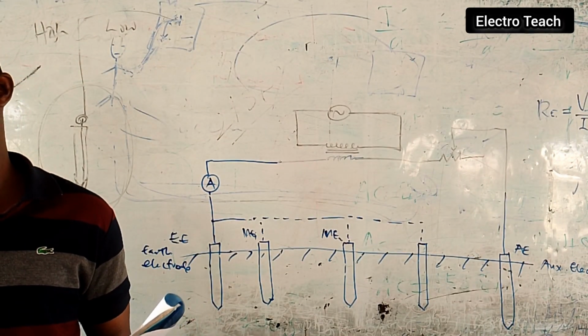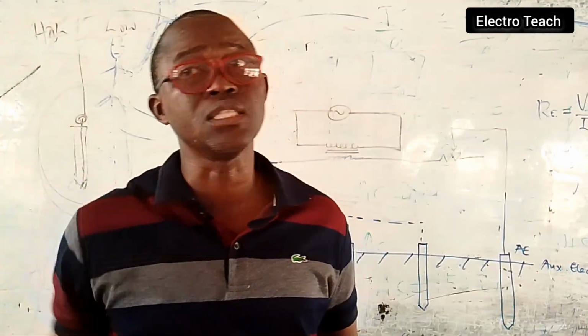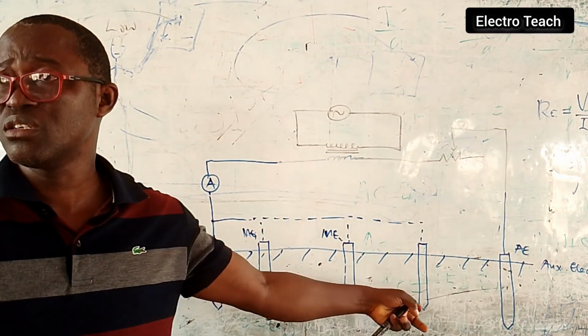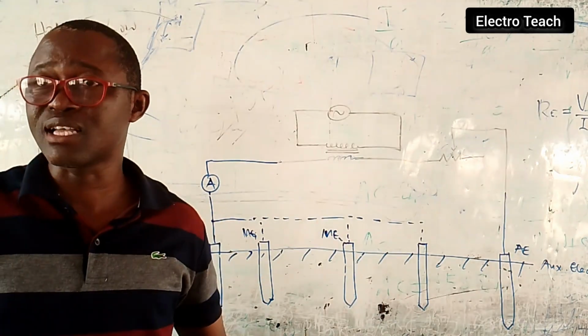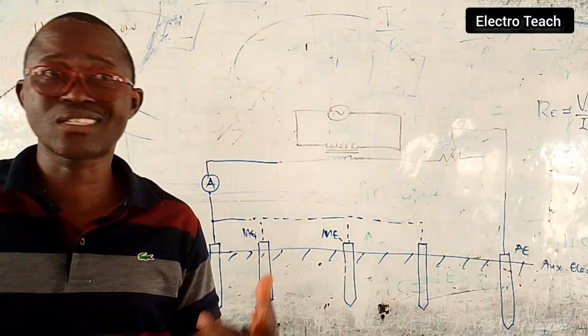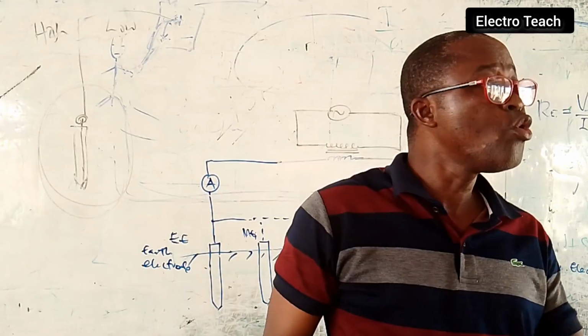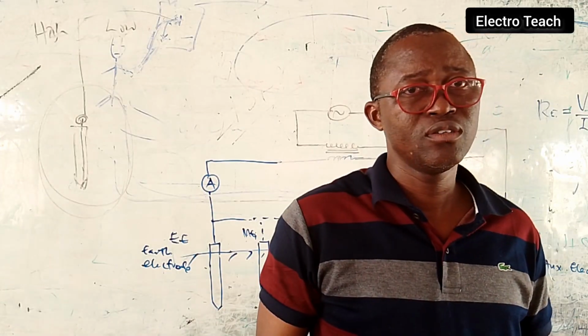That's the standard value that we should get. Anything outside this, higher than this, means something has to be done to the soil in that place. Are you following? Yeah. That means the soil resistance is too high. The standard value is 0.01 to 2 kilo, that is 2000 ohms. Are you there now?